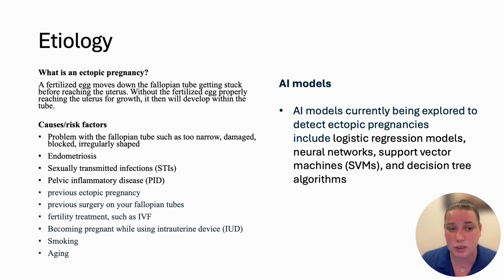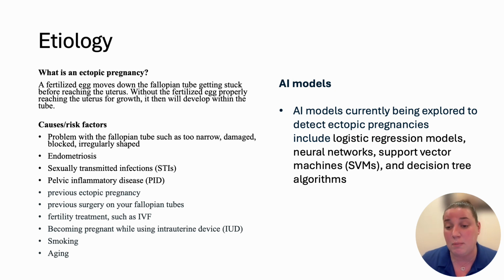So some risk factors that could cause this are previous problems with the fallopian tube, like being too narrow, and that could be something that you were just born with. They're damaged or blocked, maybe irregularly shaped.